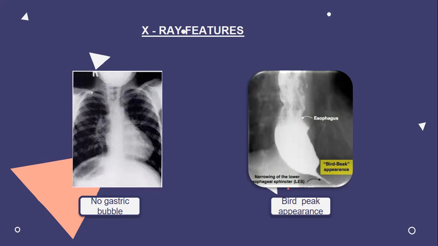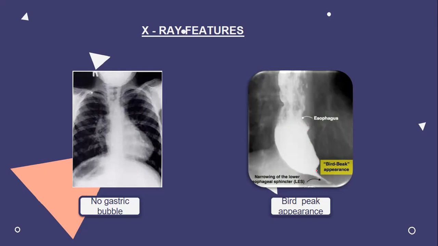Here we have this study in which we can see a bird peak appearance, like the beak of a bird, right? Also known as pencil sign, and there's another one I don't really remember right now.